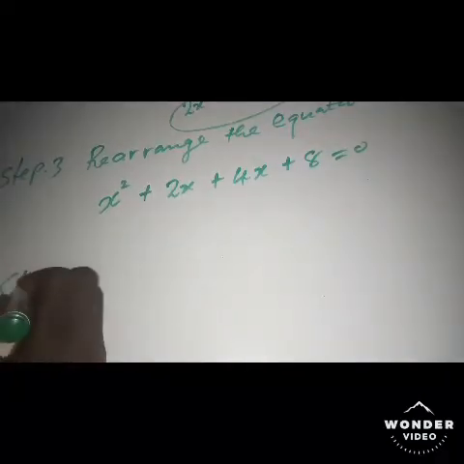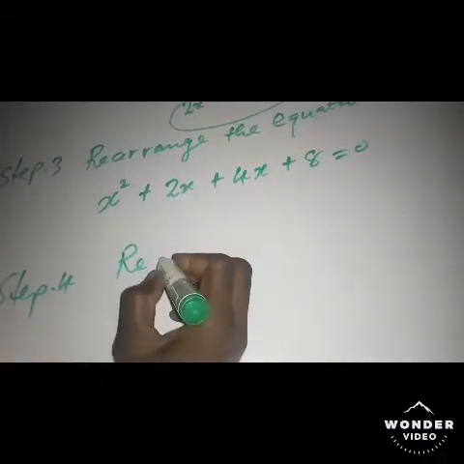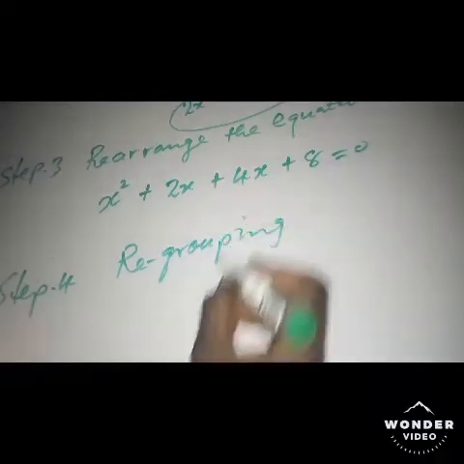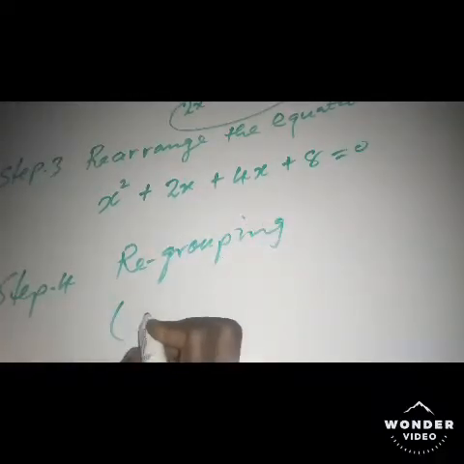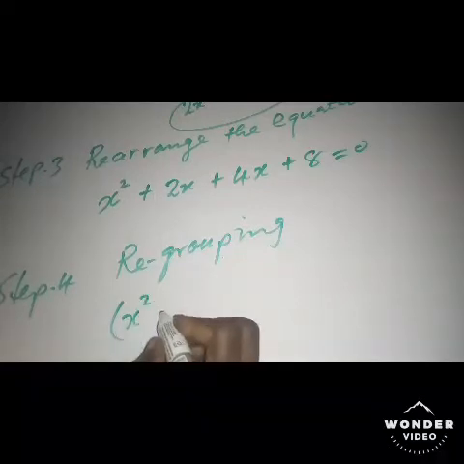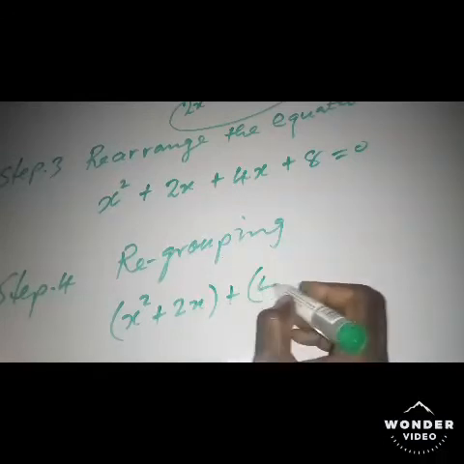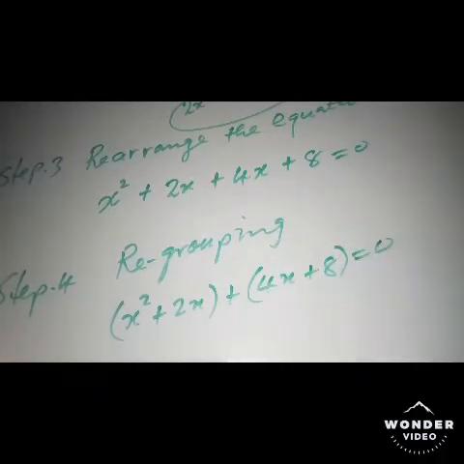Then step number 4, regrouping. In step number 4, we enclose terms in brackets: x squared plus 2x, plus 4x plus 8, equals 0.